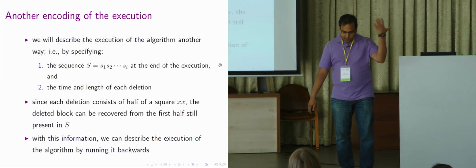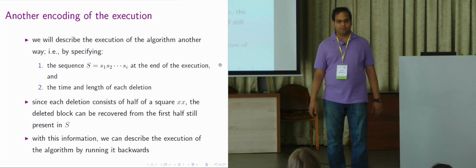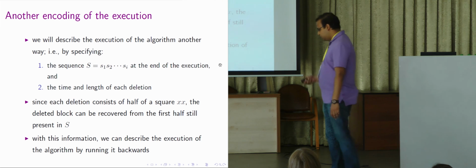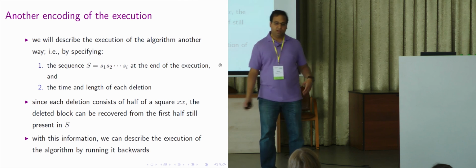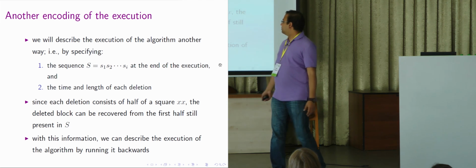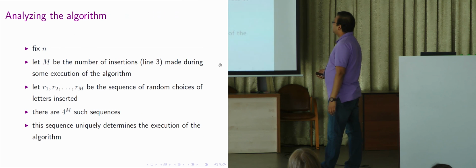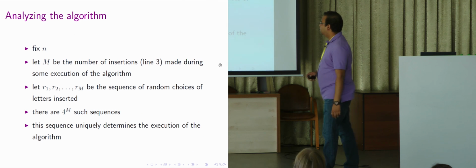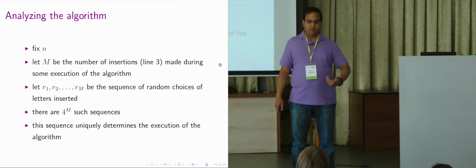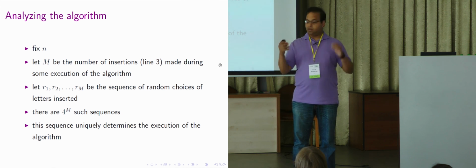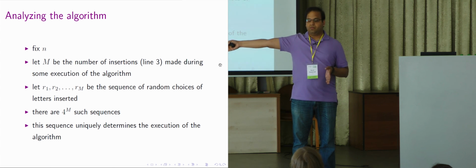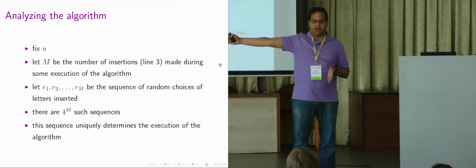Okay, so now we're going to count this in a different way. We're going to count the number of executions of the algorithm in 2 different ways, compare these 2 quantities, and get some kind of contradiction. So this is again going to be a proof by contradiction. I claim that for this n, if I let the algorithm run for long enough, it will produce a square-free word of length n.